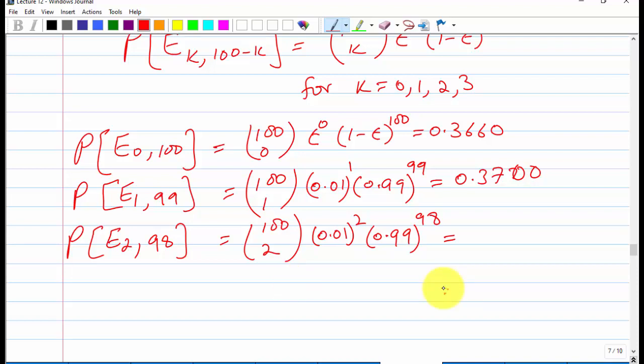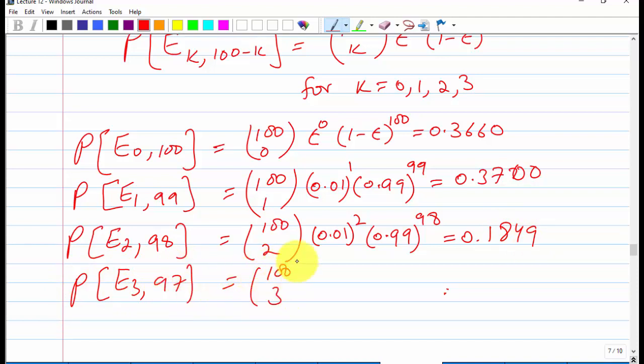That would be 0.1849. And similarly for E_3,97, it is 100 choose 3 times 0.01 to the power 3 and 0.99 to the power 97, and that number is 0.0610.